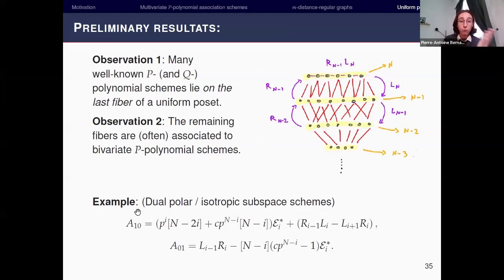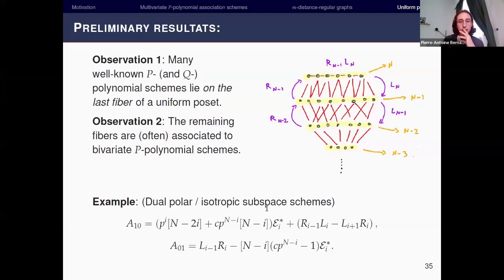So, for example, if we consider the isotropic subspace scheme, which is the bivariate generalization of the dual polar scheme, you can find its generating matrices in the adjacency algebra of the fiber I in the uniform poset based on isotropic subspaces.